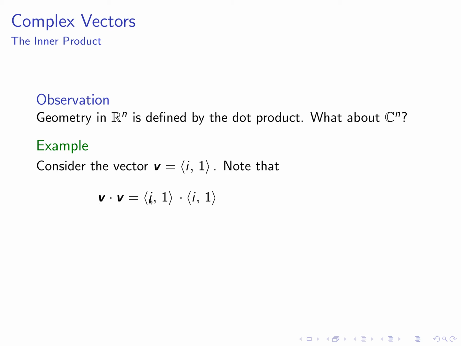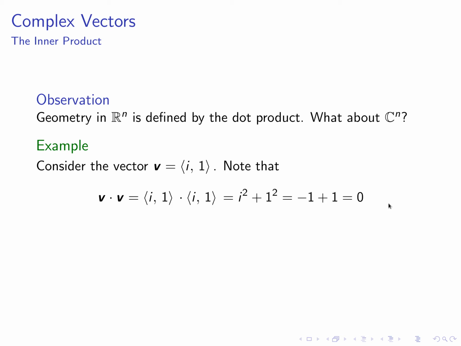Let's take a dot product of this vector with itself. Well, we're taking the dot product of i, comma 1 with i, comma 1, which means we're going to compare the coordinates, multiply them by themselves, and add. So here we're looking at i squared plus 1 squared. Well, we know that i squared is -1, and then when we add -1 to 1, we get 0.